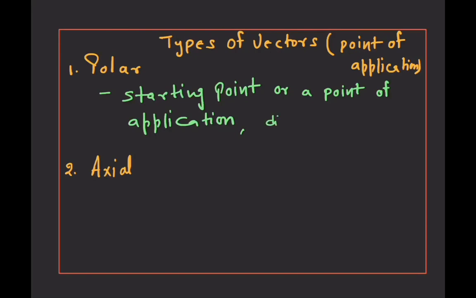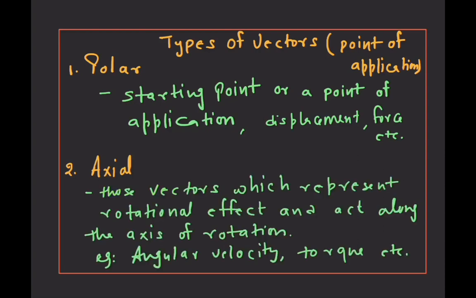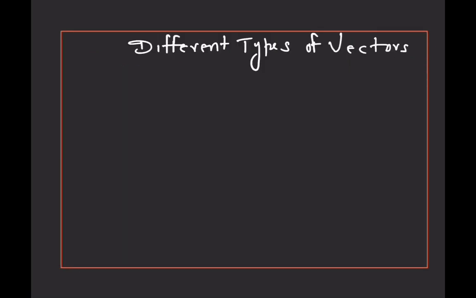Example, displacement, force, etc. Axial vectors are those vectors which represent rotational effect and act along the axis of rotation in accordance with the right hand screw rule. Example, angular velocity, torque, etc.